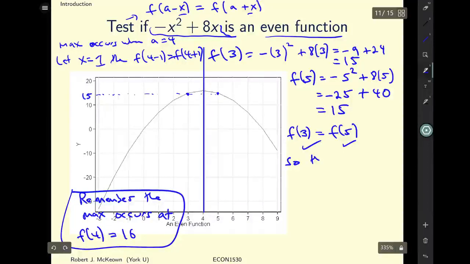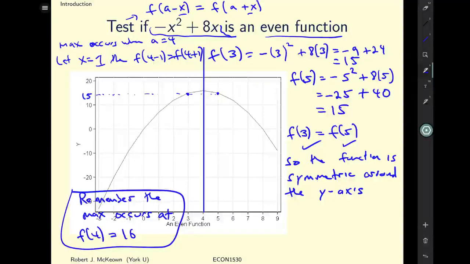So the function is symmetric around the y-axis. The function is a mirror image.